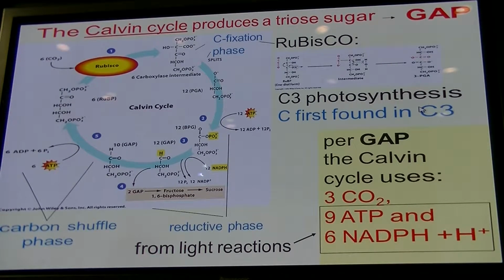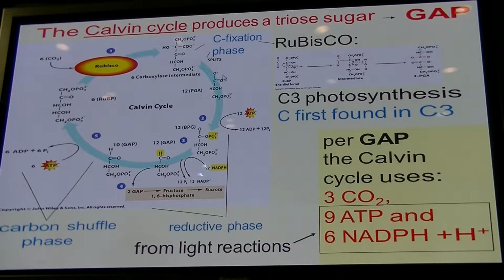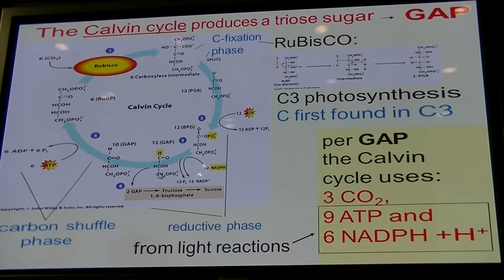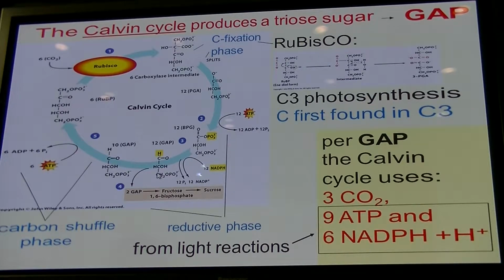There are modifications of this, but this is the core. So this first molecule that is formed, the PGA, is further activated and then ultimately it is reduced, and then we get the end product of the Calvin cycle, which is glyceraldehyde phosphate.